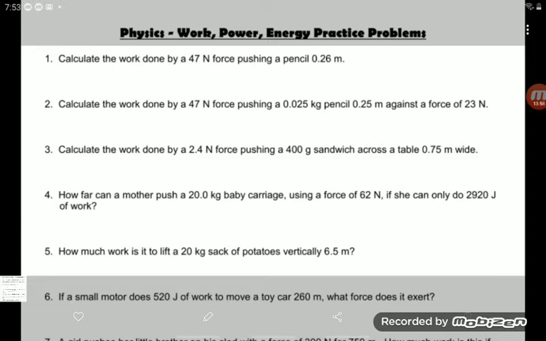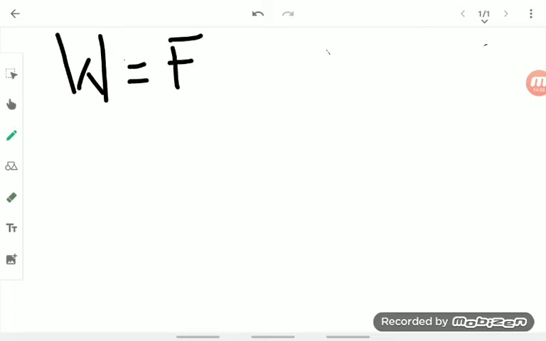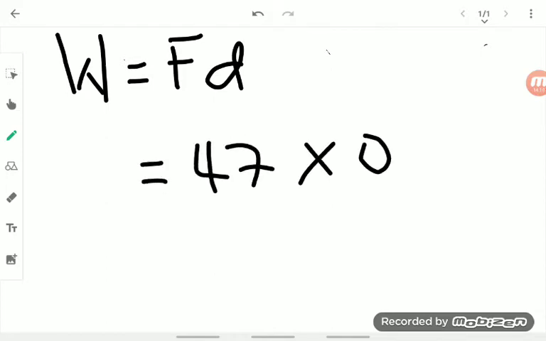So we're finding work and we're given force and distance. So that should be easy. Work is equal to force times distance, and it's 47 newtons multiplied by 0.26 meters.